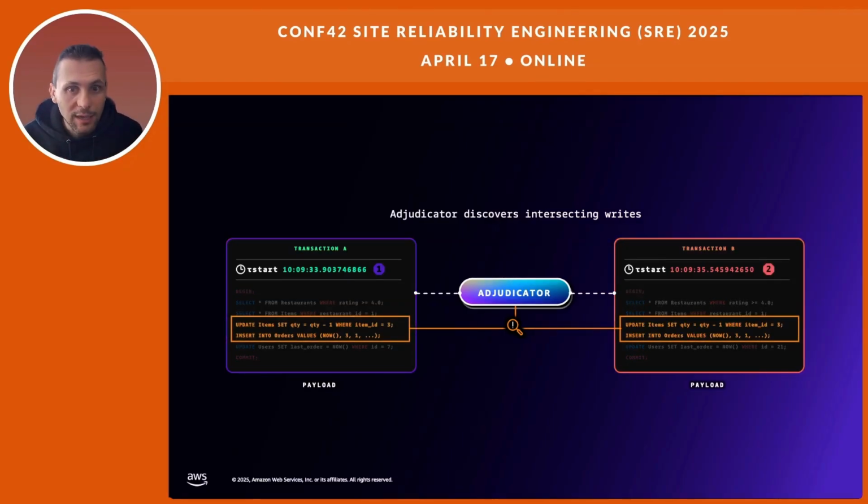The adjudicator discovers intersecting writes, right? And so you compare the payloads from the query processors. It's looking for any writes that have a T start time and proposes what needs to be indexed. In this case, as you can see here, it's trying to update the same payload. So only transaction A is going to be approved, because both can't change the same row at the same time.